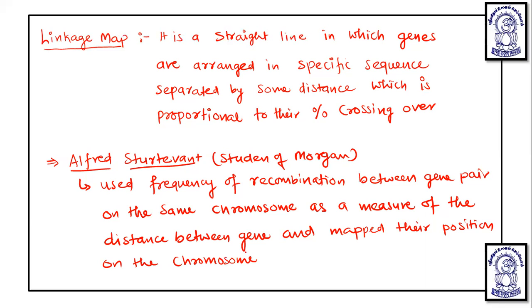So here the percent crossing over or recombination frequency is going to represent the distance between genes.